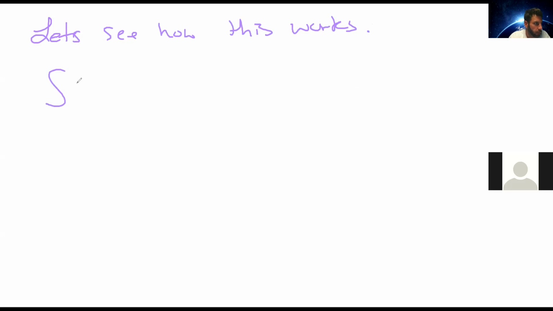So let's say we want to integrate the square root of 9 minus x squared. I'm not worried about the 2 in front. I'm not worried about bounds right now. We'll get to that in a second.